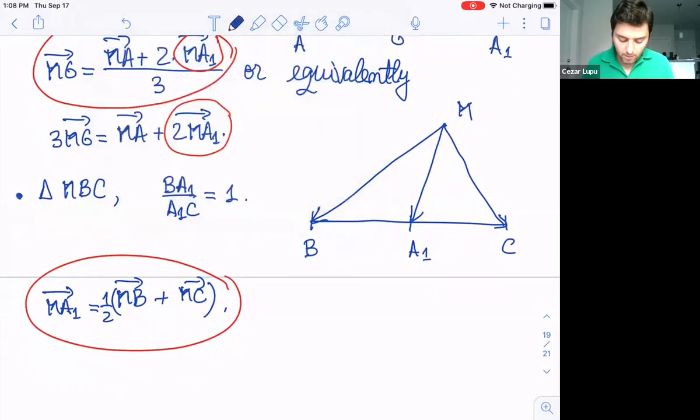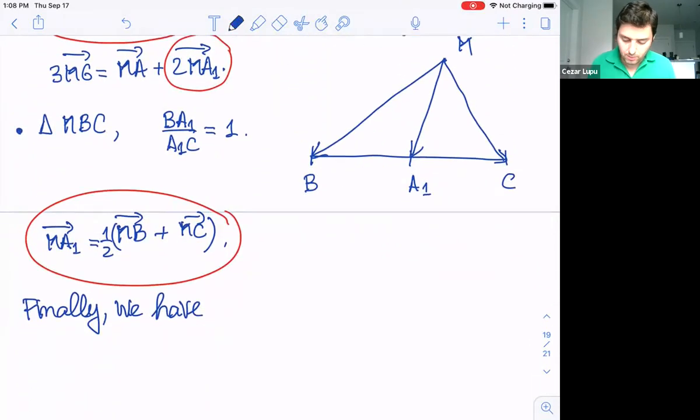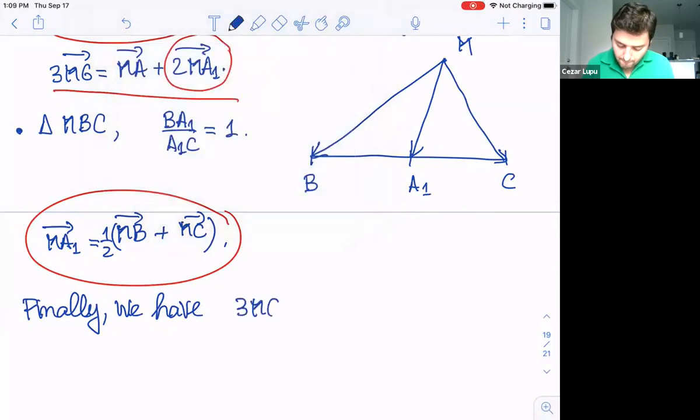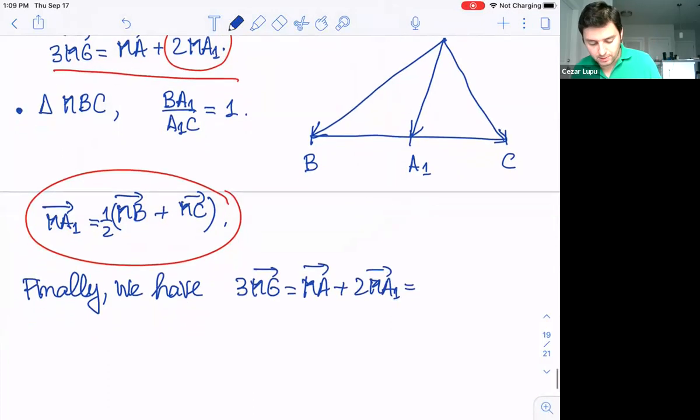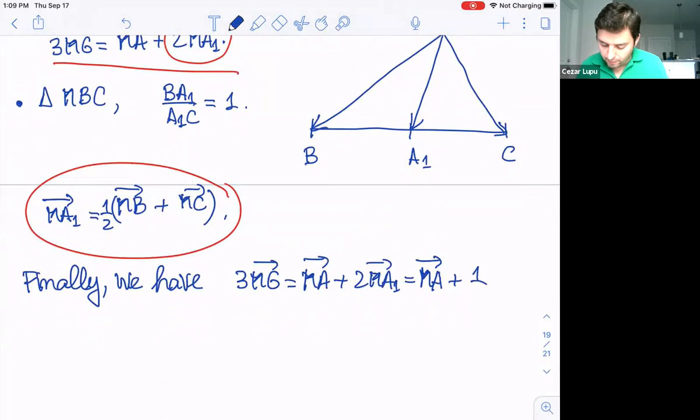So finally, we have that 3MG vector is MA vector plus 2 MA1 vector, but MA1 here is nothing else than 1/2 times MB vector plus MC vector.